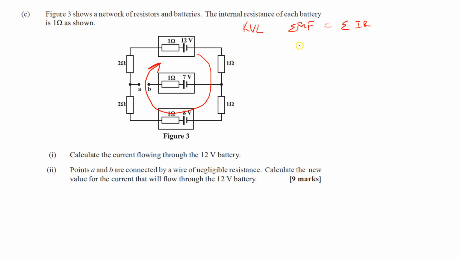Having said that, for the sum of the EMF here, because the negative terminal of the 12 volt is essentially connected to the negative terminal here, that means we have to subtract these two. So 12 minus 8 would be the sum of my EMF, and that is equal to the sum of the potential drop across each component.